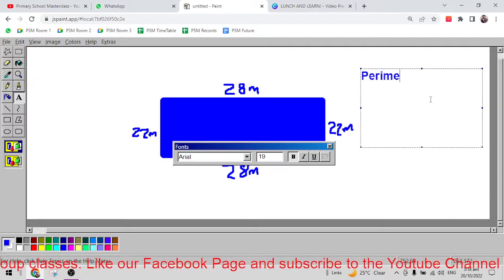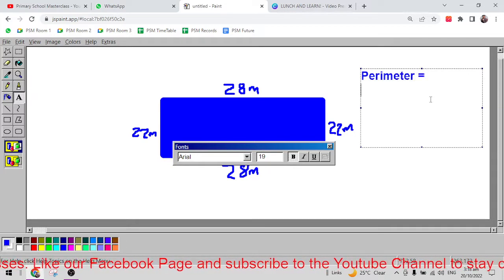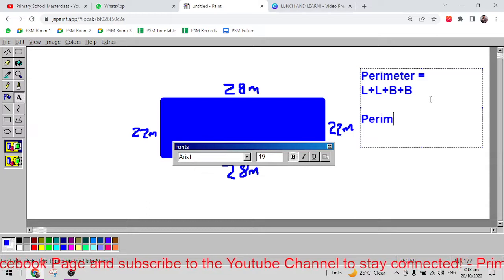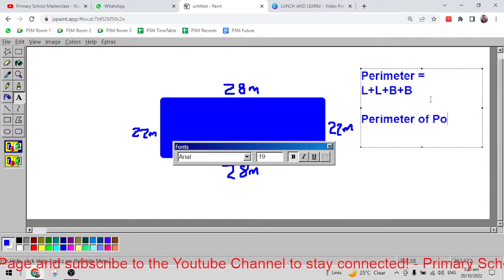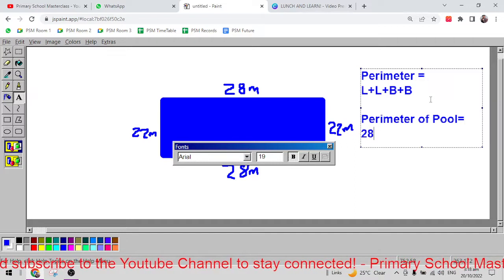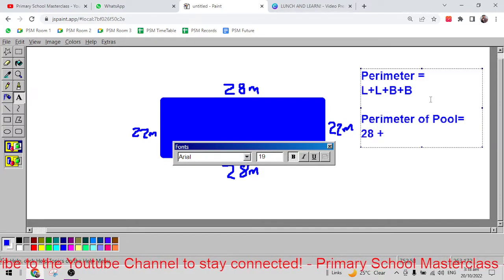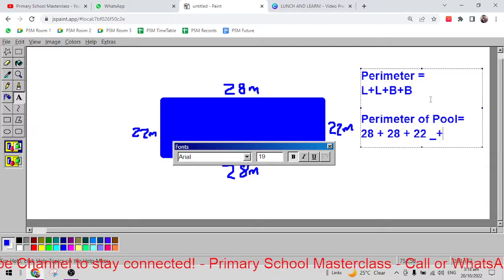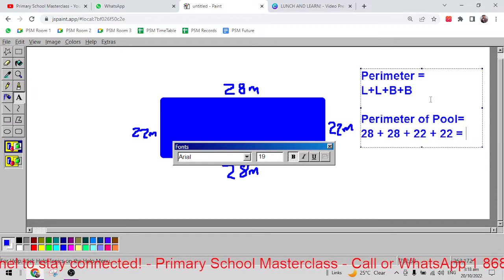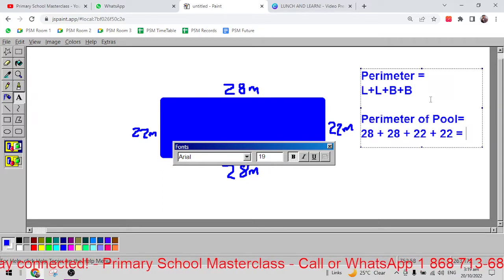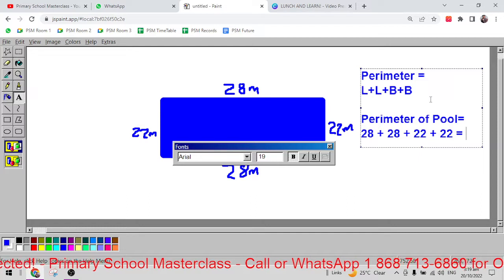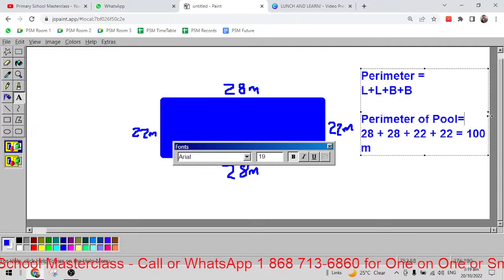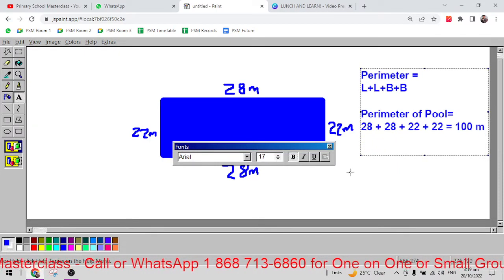So perimeter is length plus length plus breadth plus breadth. So the perimeter of this pool is 100 meters. Yeah?